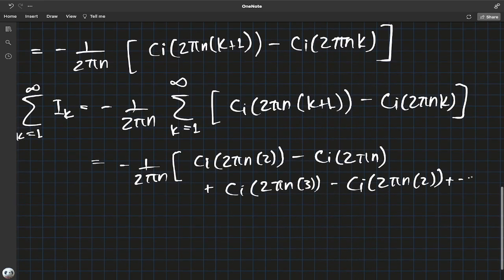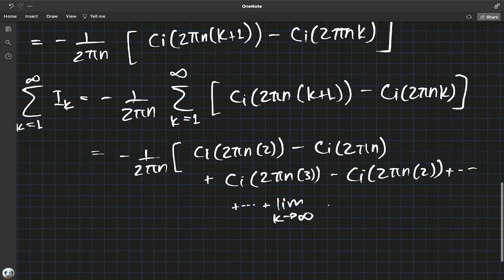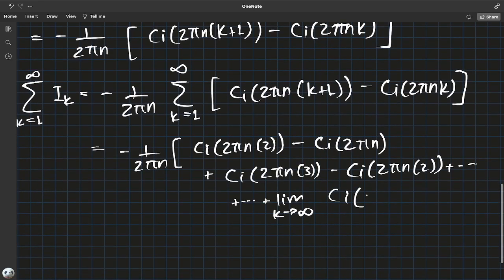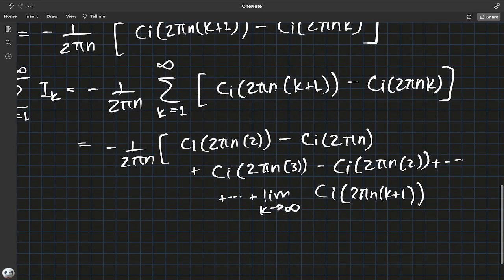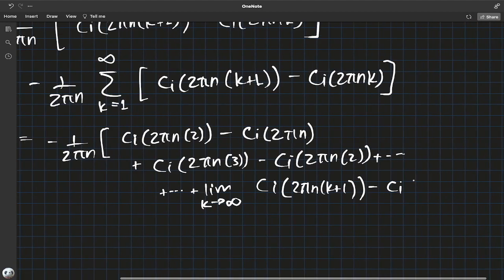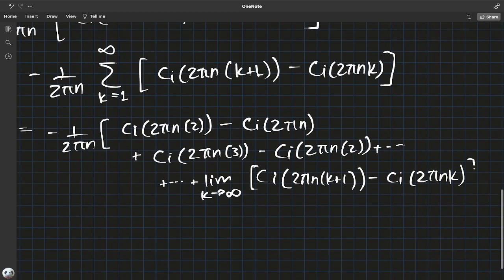That goes on until you reach the last term, cosine integral 2 pi n (k plus 1) minus cosine integral 2 pi n k, and these are all at k equals infinity.